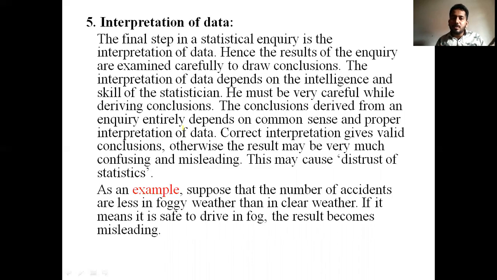If you give the interpretation like this, then what happens? What does it mean? It means that it is very safe to drive your car in the fog. So it may mislead or misguide the people who read the information. So the interpretation should not be like this. Okay, how to give a proper interpretation.